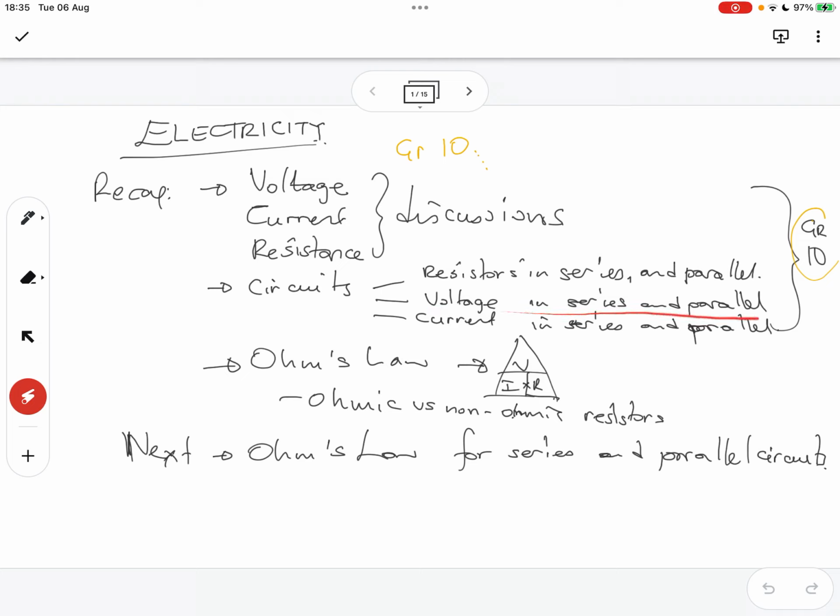Voltage is measured in parallel, and resistance you either get as a reading or from what's specified on the resistor itself. In grade 11, we go a little bit deeper into Ohm's law, and we look at ohmic and non-ohmic resistors, and the same concepts of resistors in series and in parallel still feature in the discussion.